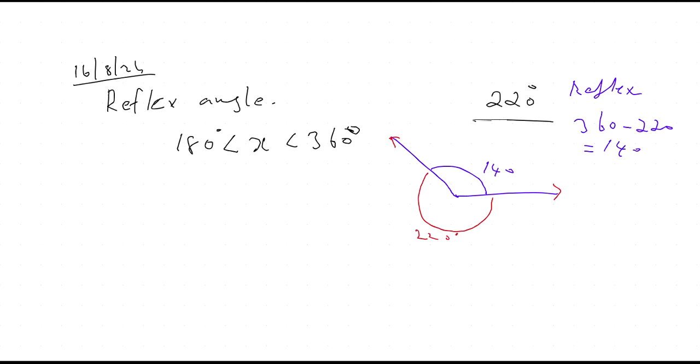Now suppose you want to draw, as I told, a 300 degree reflex angle. Sir, my protractor, I cannot. You can. Okay, you do one thing. To make 300, do 360 minus 300, because the total angle is 360.